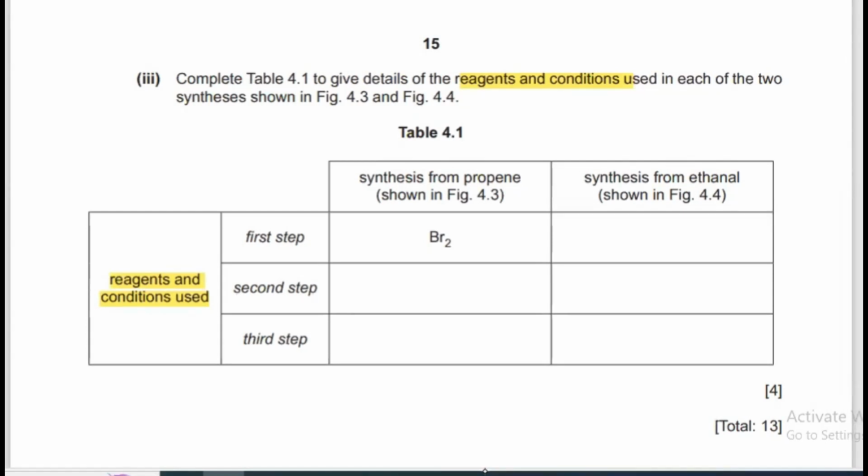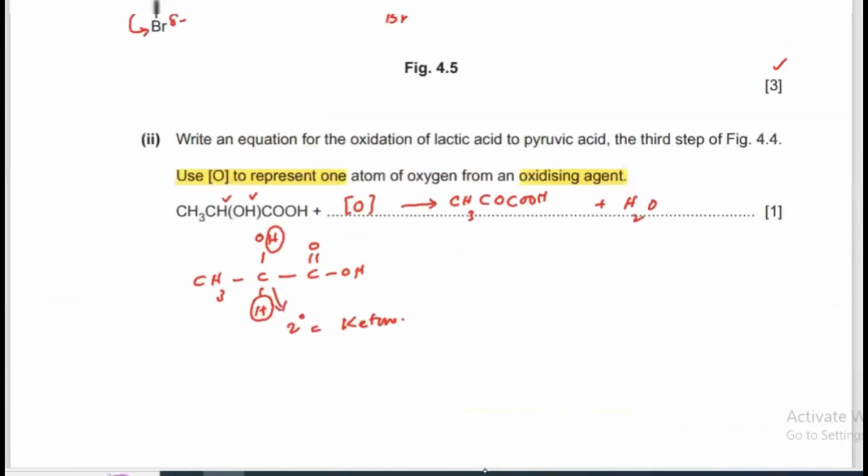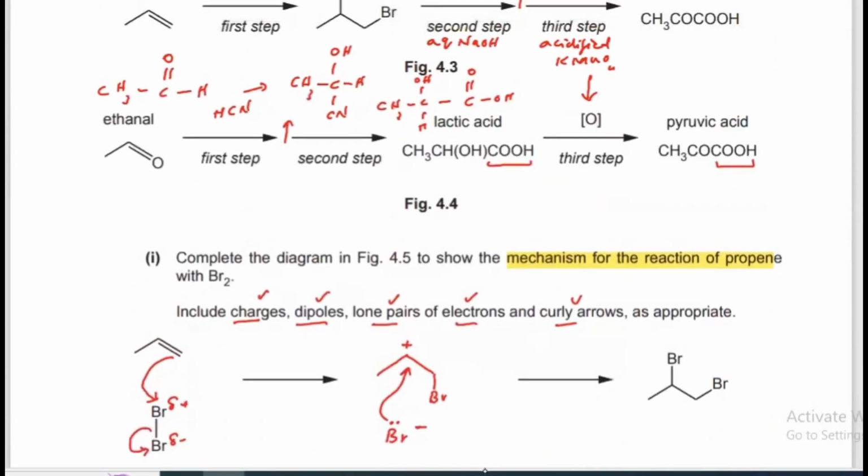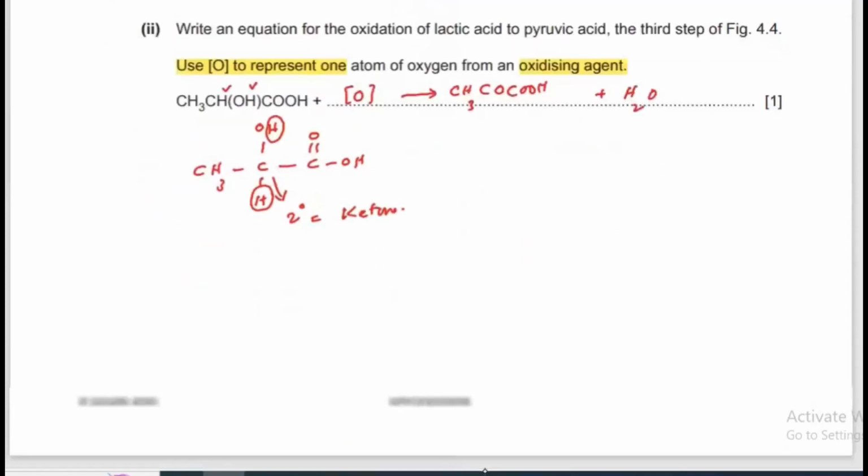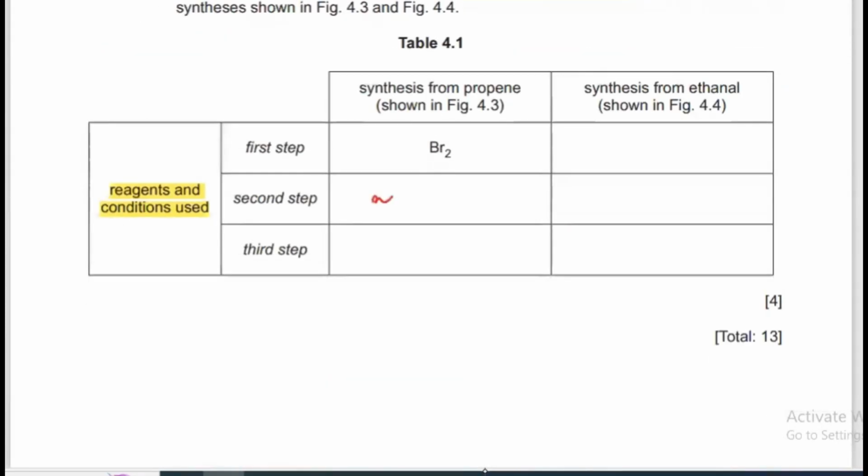In the second step there was a reaction, so aqueous sodium hydroxide is used, and in the third step acidified KMnO4 can be used. So here you can use aqueous sodium hydroxide, and here you can use the acidified KMnO4. Here you can also use the same reagent, acidified KMnO4.